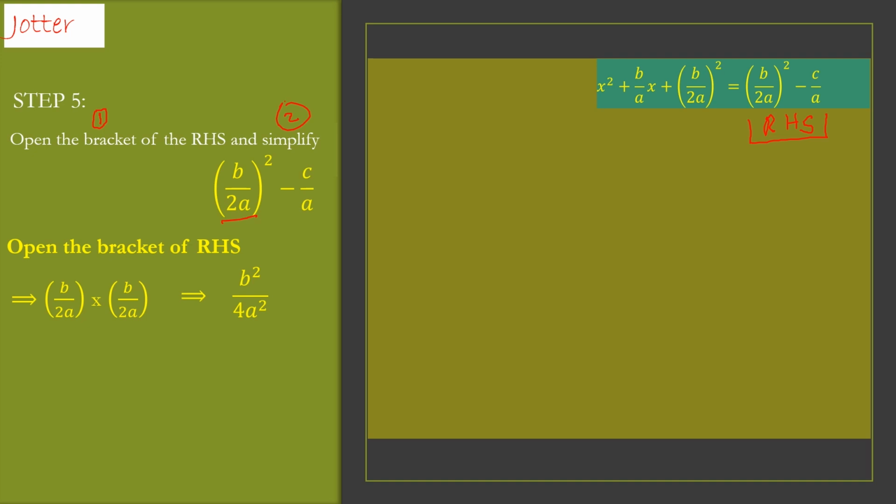This is what we get when we open the bracket, and we can put it into that expression there. Now we need to simplify this further because we want just one term, not two terms in this case.